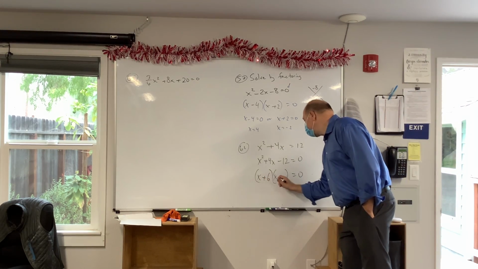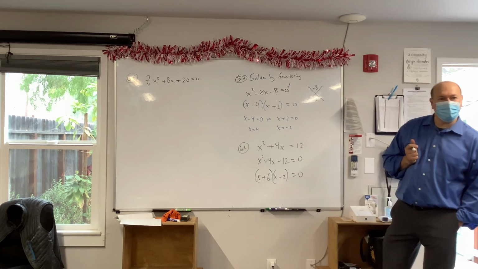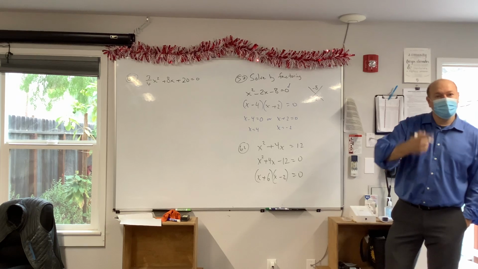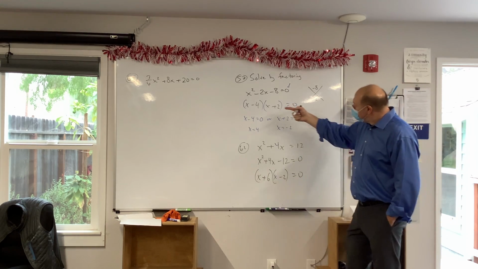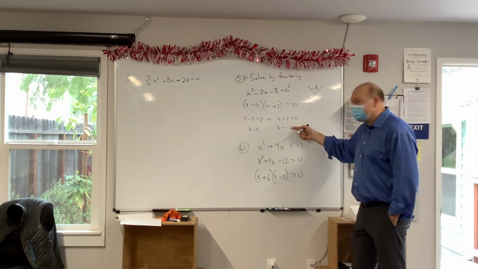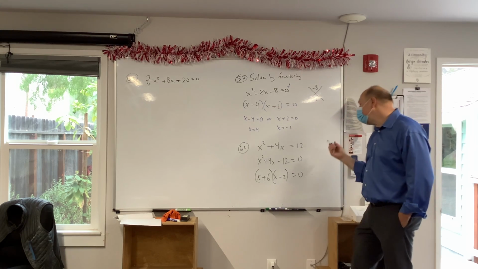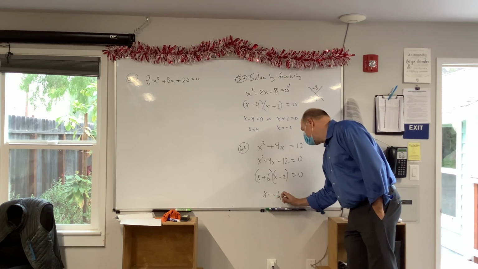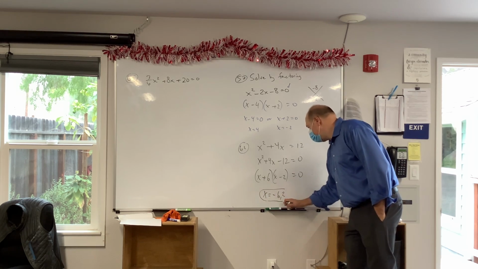How about +6, -2? Does that work for the factoring part? Do the signs have to work out? But Abe is correct. The easiest way to do it, notice the answers here: it goes from a -4, gets to a +4, goes from a +2, gets to a -2. So the easy way to do it is you just go down, you change the signs, and you're done. Are we good there?